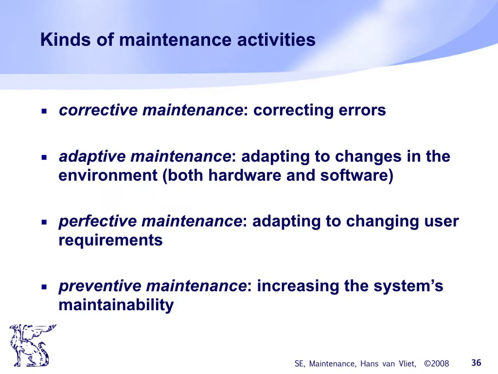Preventive maintenance concerns activities aimed at increasing the system's maintainability, such as updating documentation or adding comments or improving the modular structure of the system. Those are preventive maintenance. So if you write well structured code, if you do proper technical documentation, those will be preventive maintenance.